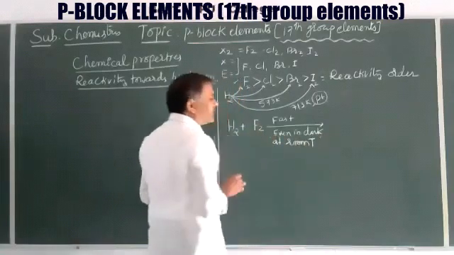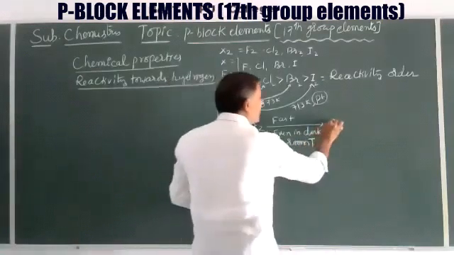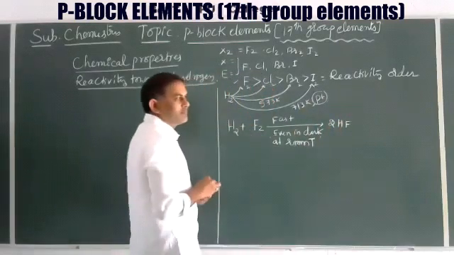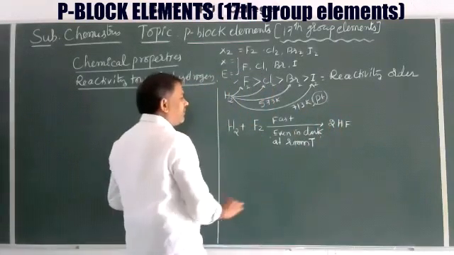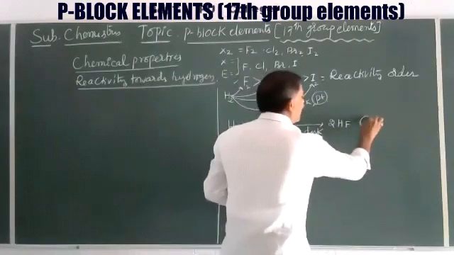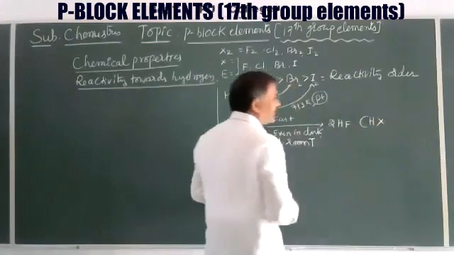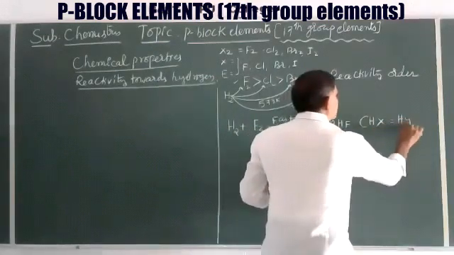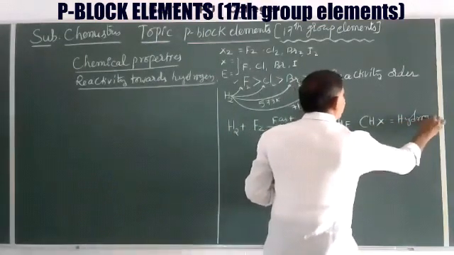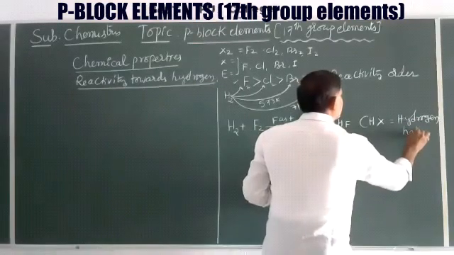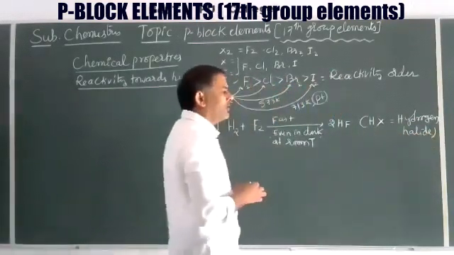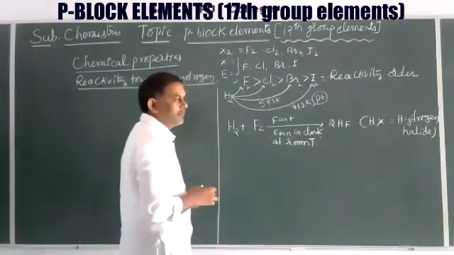It gives 2HF, hydrogen fluoride. Generally we can write it as HX, hydrogen halide. So the X stands for halogen: fluorine, chlorine, bromine and iodine.